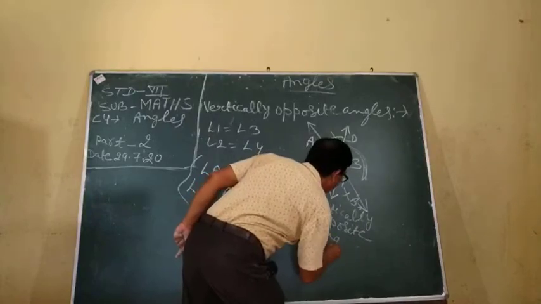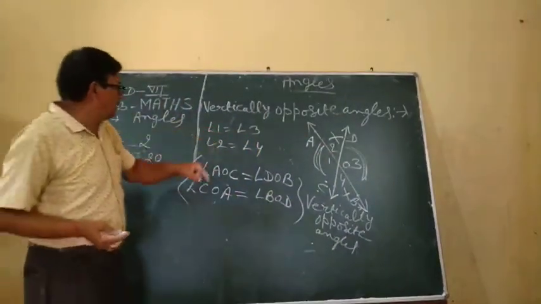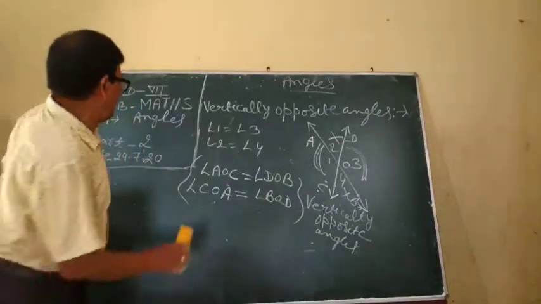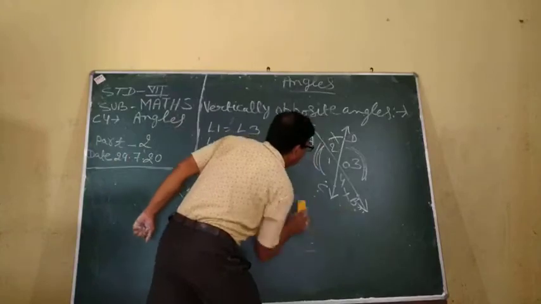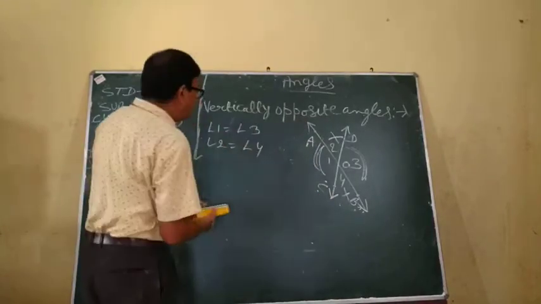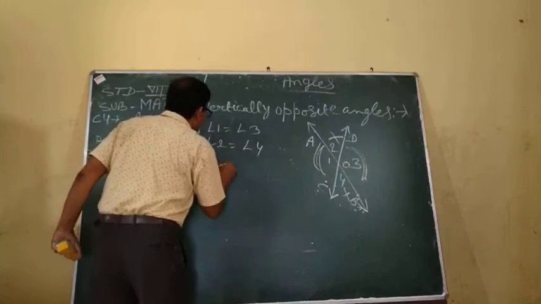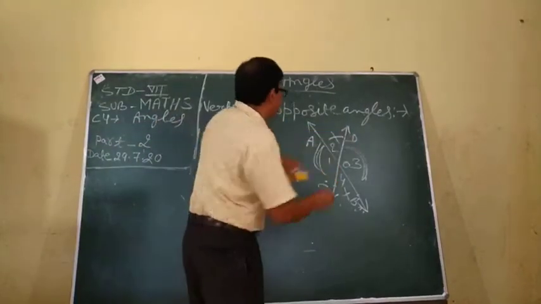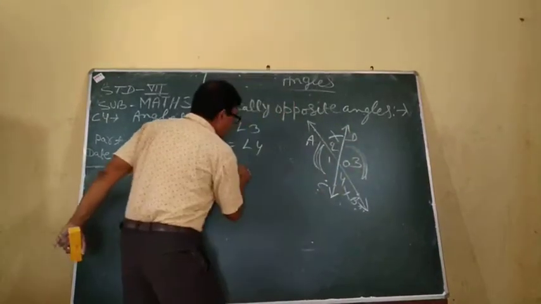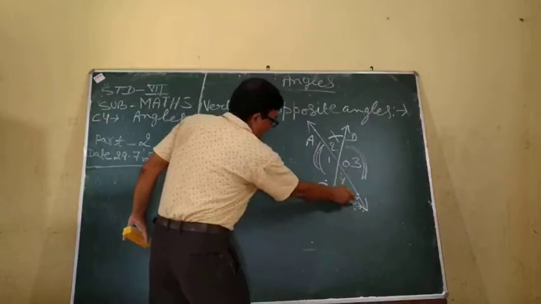Now, what about angle 2 is equal to angle 4? Angle 2 you can write as angle AOD, and that is equal to angle 4, angle BOC.